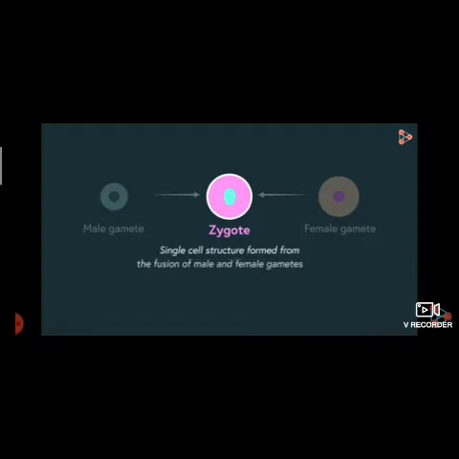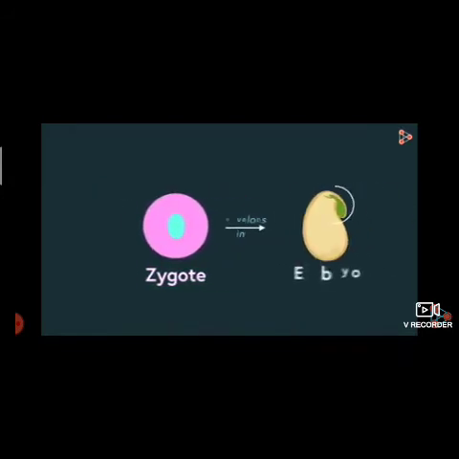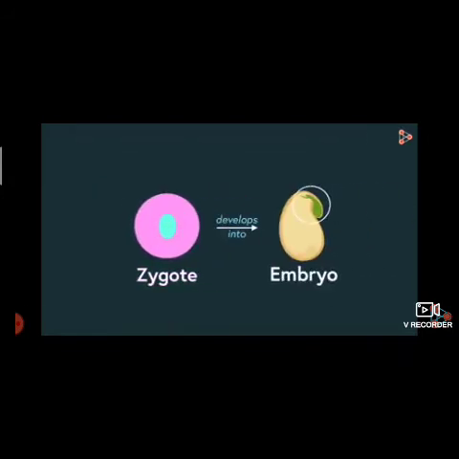Now you will have, what is zygote? Zygote is a single cell structure formed from the fusion of male and female gametes. Okay, and the zygote develops into an embryo. Children, look at here.